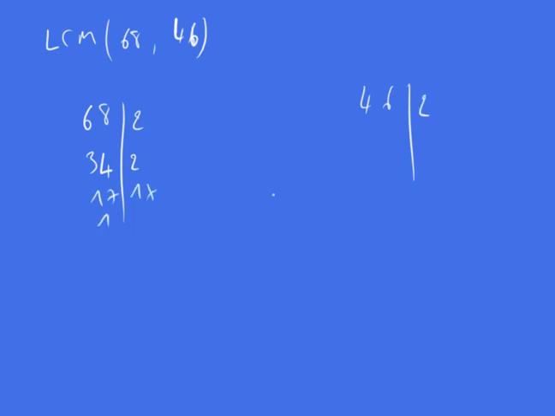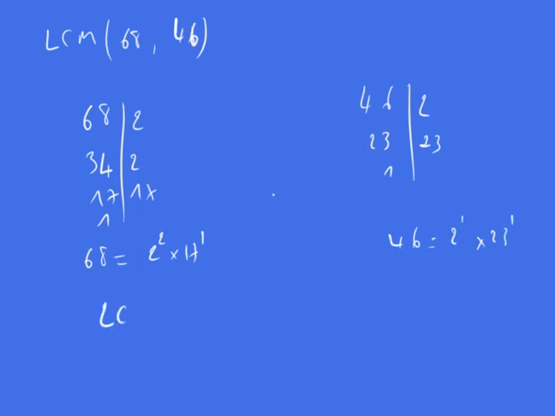Here, 46 we divide by 2 is 23, 23 is a prime number, 23 is 1. So for the LCM, we multiply all factors raised to the highest power: 68 equals 2 to the second times 17 to the first, 46 equals 2 to the first times 23 to the first.